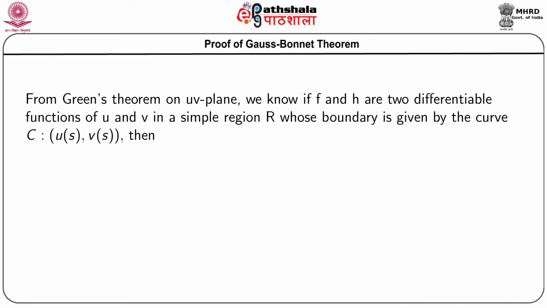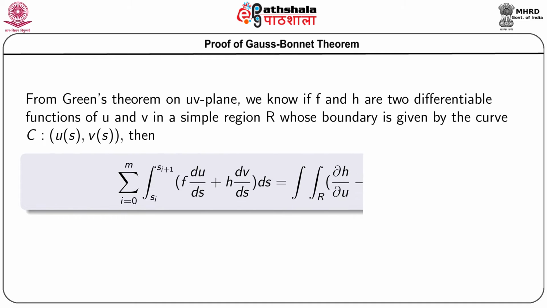Now, from Green's theorem on the uv plane, we know that if f and h are two differentiable functions of u and v in a simple region R, whose boundary is given by the curve C, u(s) v(s), or we can take this one as gamma also, then it follows this expression: summation i equal to 0 to m, integration s_i to s_i plus 1, within the first bracket f du ds plus h dv ds, whole ds, equals the double integration within the region R of del h by del u minus del f by del v, within the first bracket du dv.